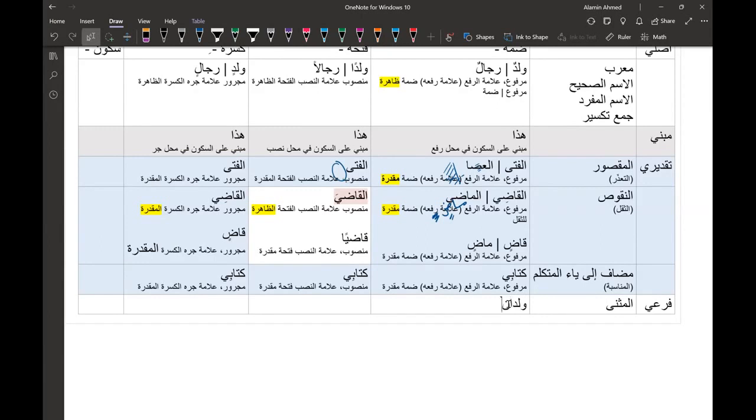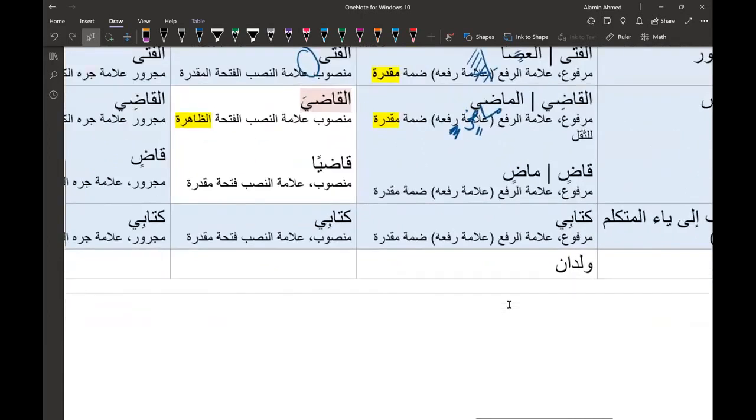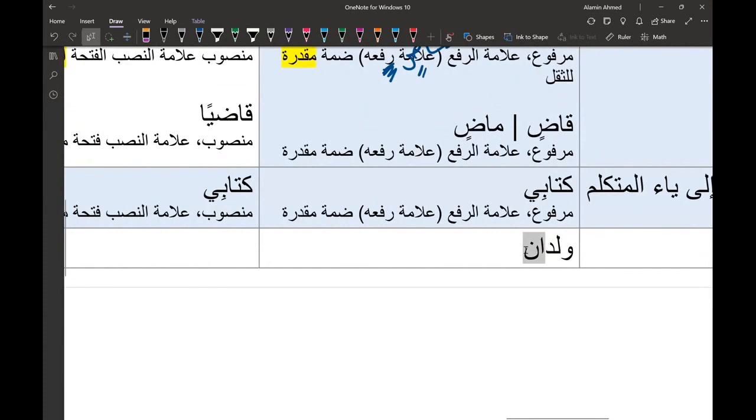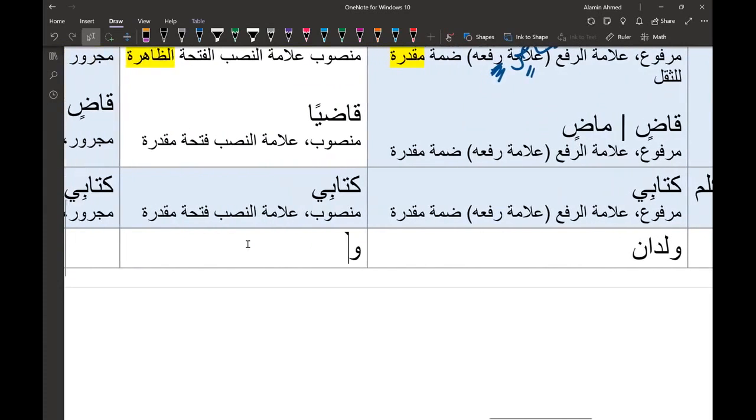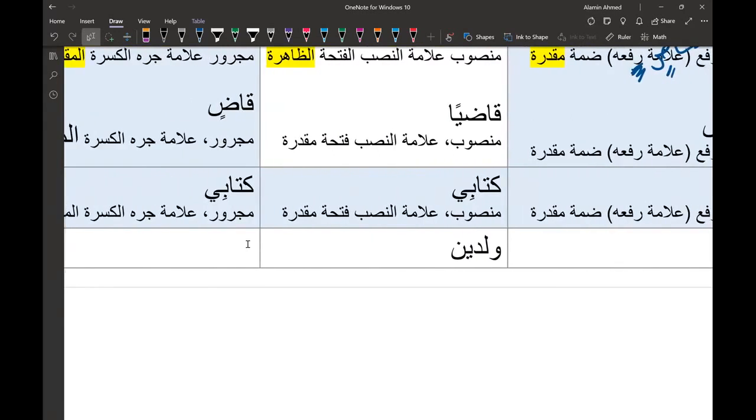Waladani. So in the raf state, it is waladani, right? In the nasb state it is what? Waladaini. In the jar state is what? Waladaini as well.